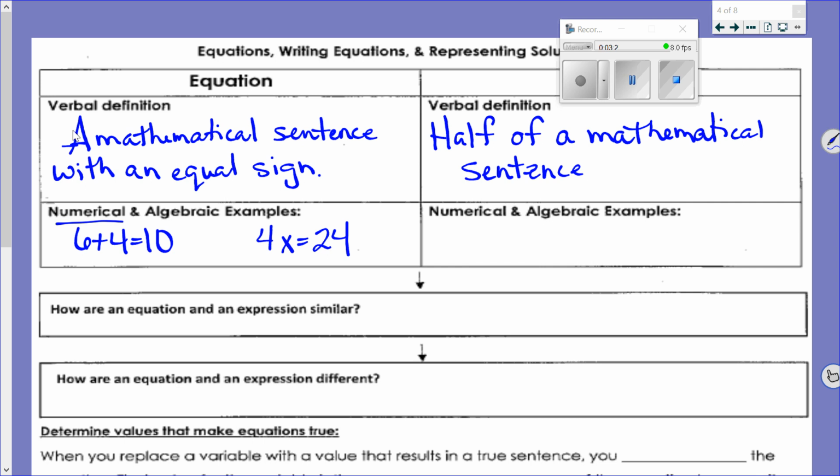On the other side, an example of an expression, if I had just a numerical expression, it could be something like 2 plus 7. Or, for an algebraic, we could say something like x divided by 4 equals 24. Oh, that's wrong. You put equals 24. Oh, thank you.